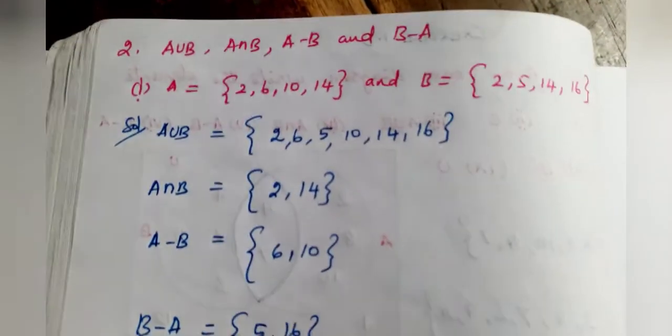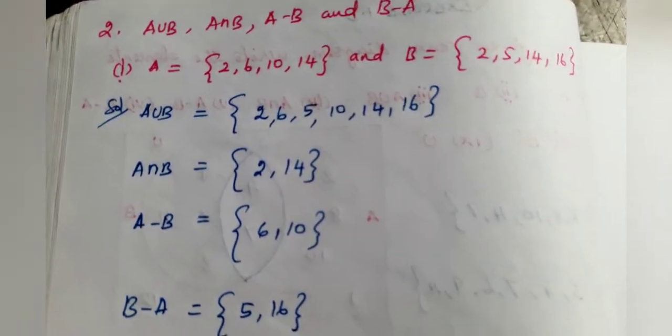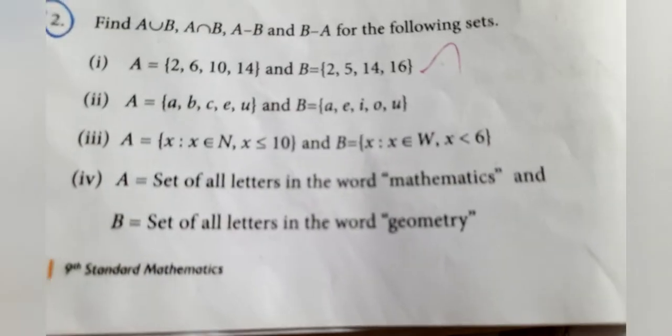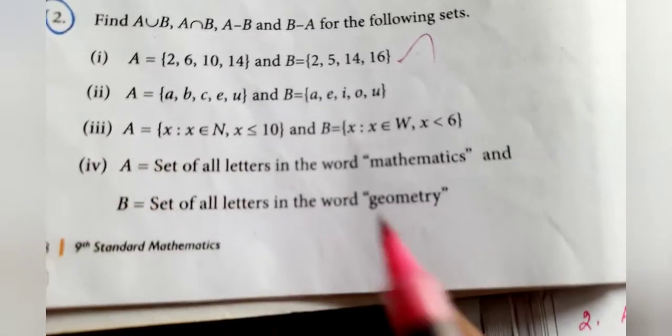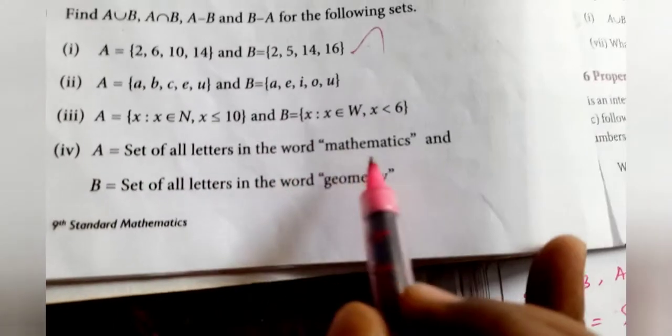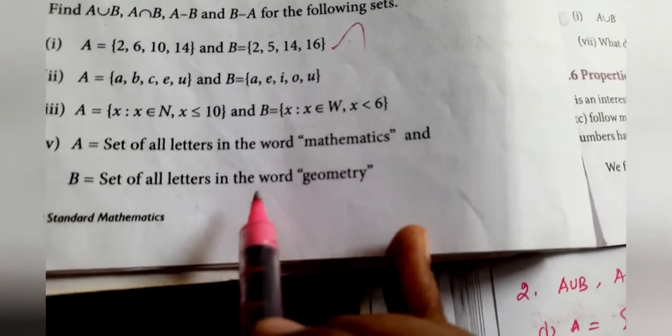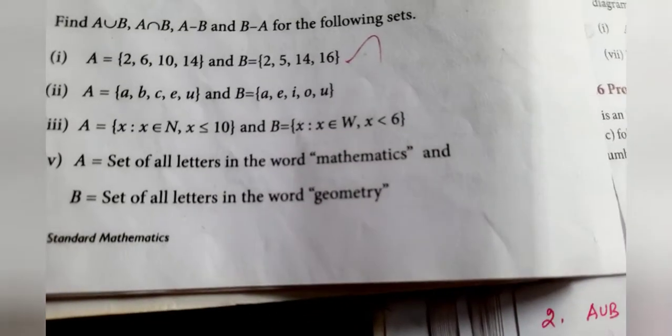Now we shall move to the fourth subdivision. A equals the set of all letters in the word mathematics and B equals the set of all letters in the word geometry.